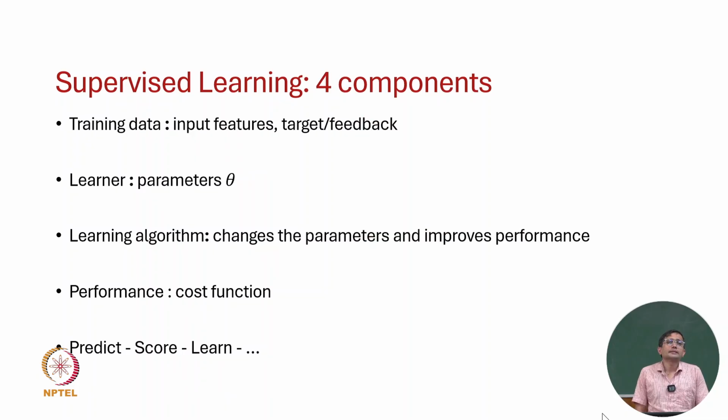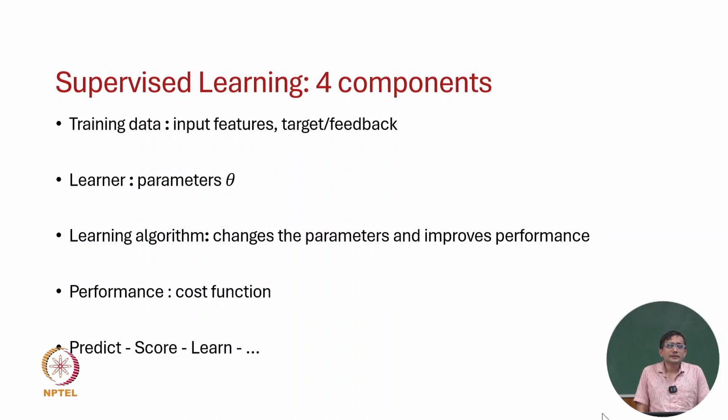So the training data can be input features, associated target, or the feedback. In the last lecture, we already talked about images and labeling, and we took an example of how the annotation sometimes might be challenging, right?